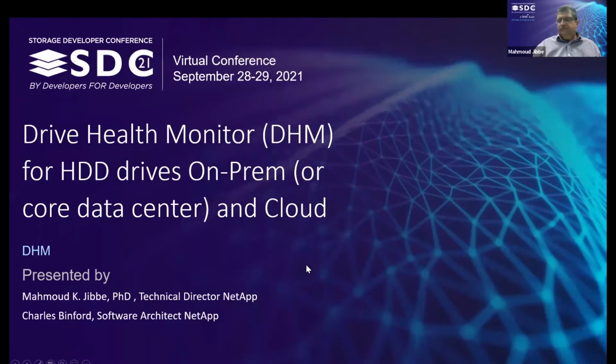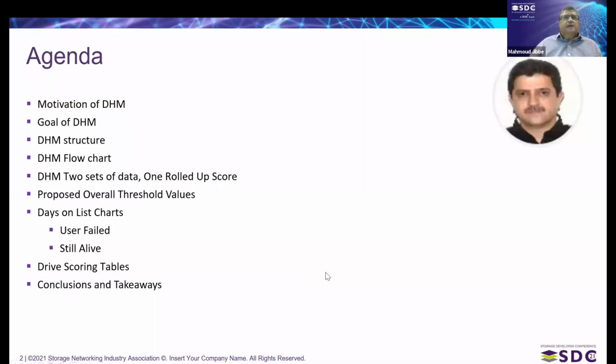Now, the agenda for this presentation: I'm going to show you what motivates this drive health monitor, the goal for the health monitor, the structure, the flow chart, and what type of data we use for the drive health monitor and how we score whether the drive is bad or not.